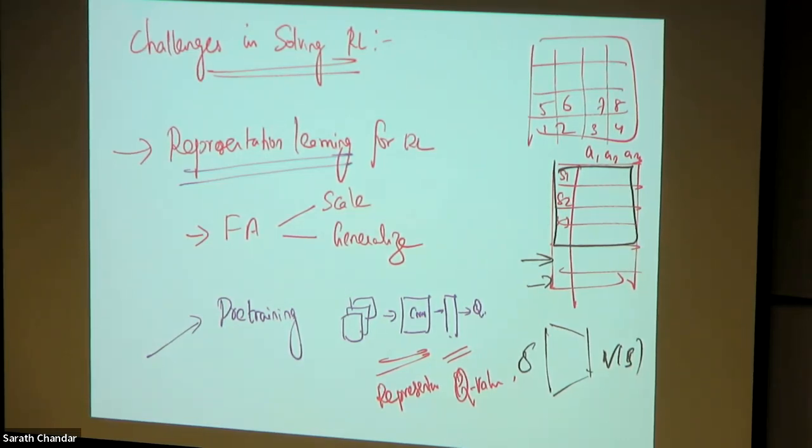Now you need to interact and use the Q learning update to learn the Q values. You don't need that for learning the representation, right? Of course, it is useful if you're learning the representation directly through the Q values, because you are learning a representation which is going to be easier for solving the problem. But you can also learn this representation in other ways.